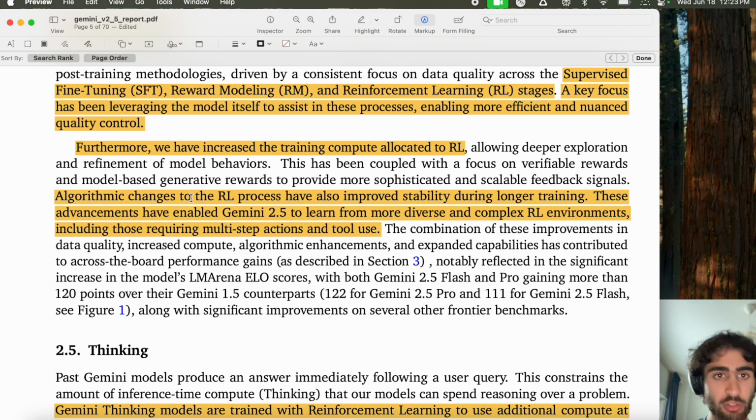Algorithmic changes to the RL process have also improved stability during longer training runs, because it is known that reinforcement learning is quite a fragile process where in the loss landscape, all of a sudden we can ruin the model weights. So it is important to have a stable training process. These advancements have enabled Gemini 2.5 to learn from more diverse and complex reinforcement learning environments, including those requiring multi-step actions and tool use.